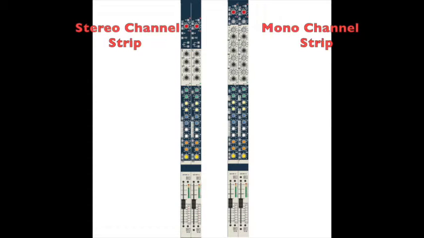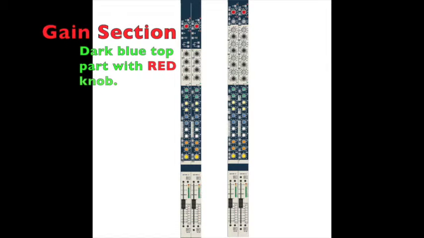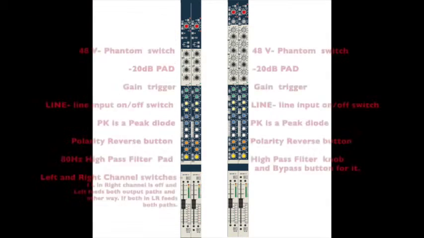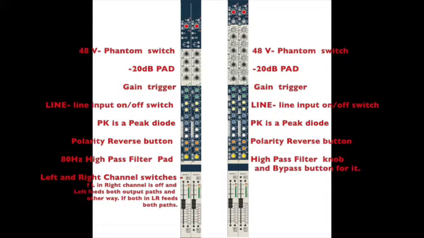That's our channel strips, stereo one on the left and mono one on the right. The gain section is the top section of our strips, and on both of them we've got buttons like the 48 volt phantom switch, just switching on the phantom power, and the 20 dB pad, which allows us to cut our signal 20 dB down if it's too high.